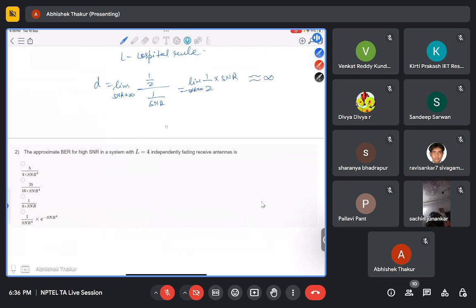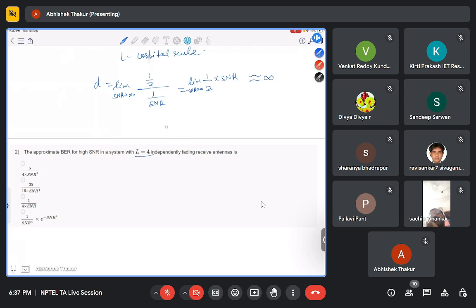Now coming to question number 2, that is approximate. We have to find the approximate bit error rate for high SNR in a system with L equal to 4 independently fading receive antennas. So L is equal to 4 here.